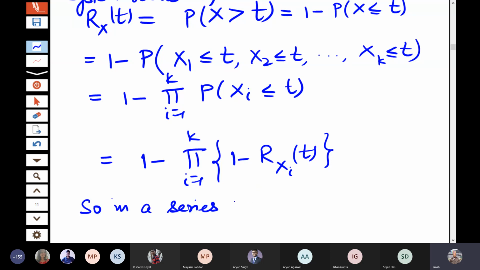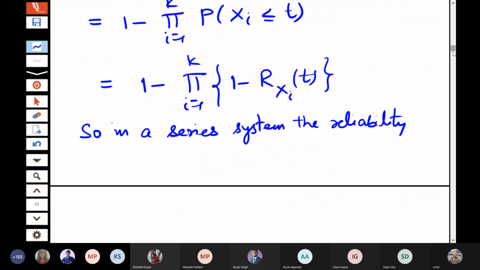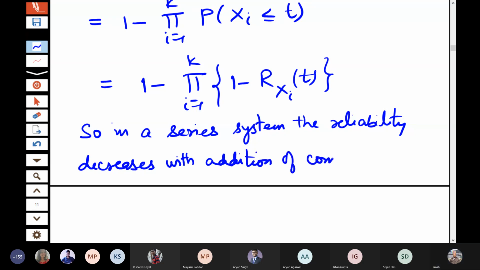So in a series system, the reliability decreases with addition of components.